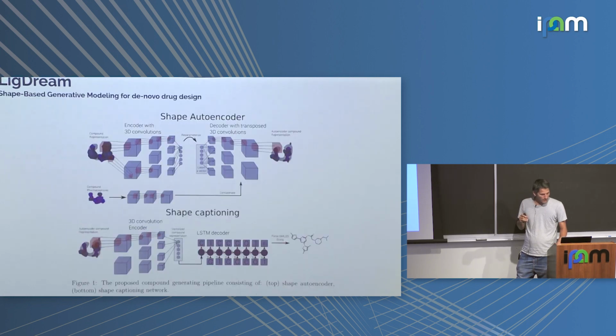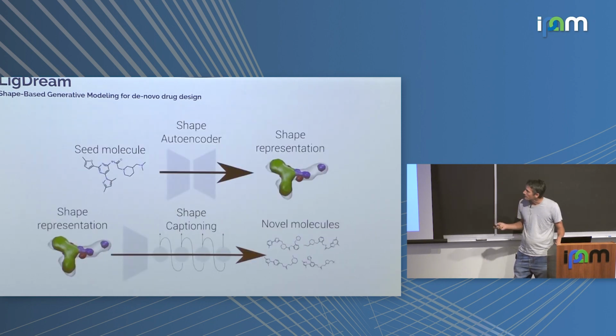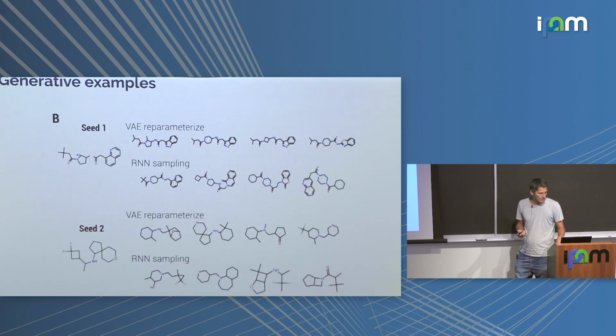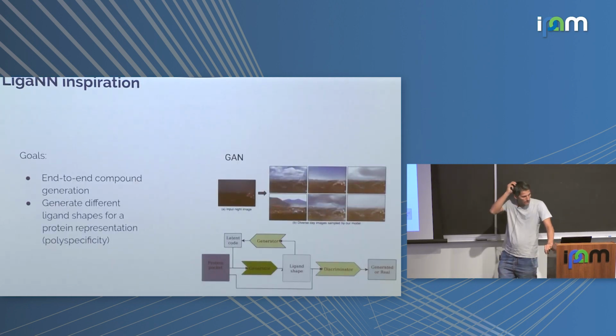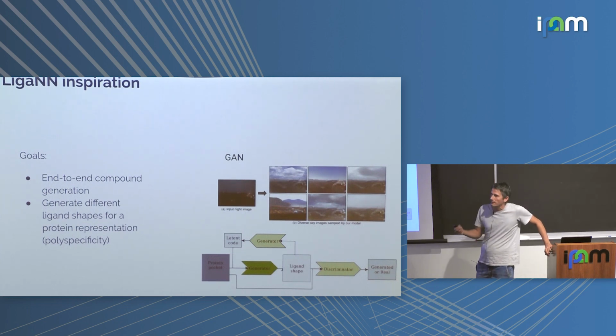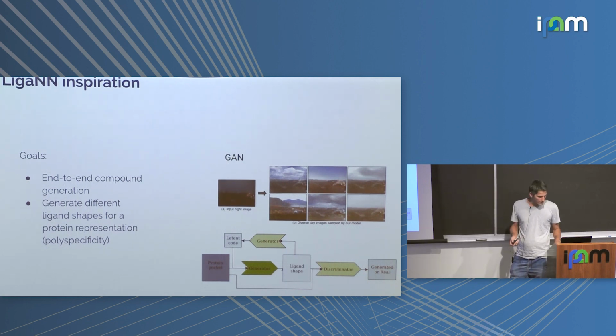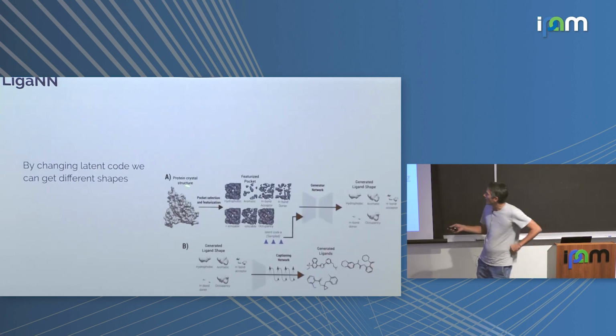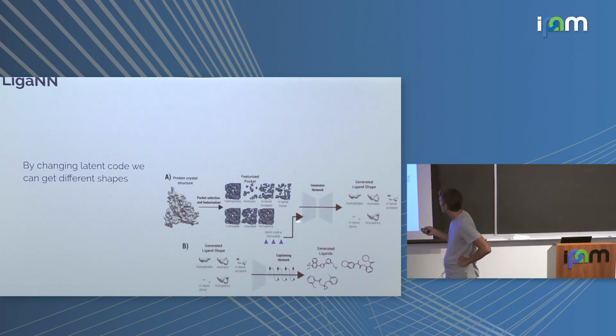In the case of Leak Dream, we use a variational autoencoder, and the problem with variational autoencoders is that they tend to generate blurred images. So in LiGAN, we use a GAN to generate the shapes. Given the pocket, there is a GAN that provides shapes, and then again we use the captioning.